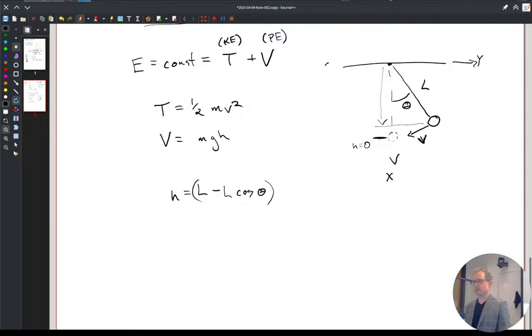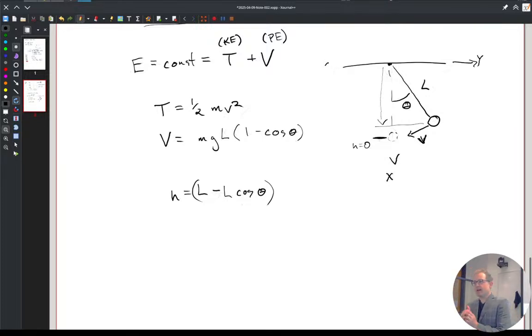And in terms of potential energy, there's no real difference in how you do it. The only nice part is that now you'll have a minimum that is 0 when you plot it. So let's replace this with MGL. I'm gonna leave it as that 1 minus cosine theta, just so we can see it.